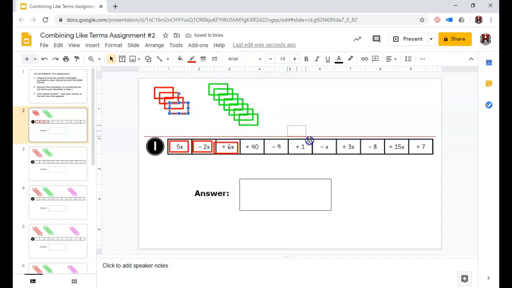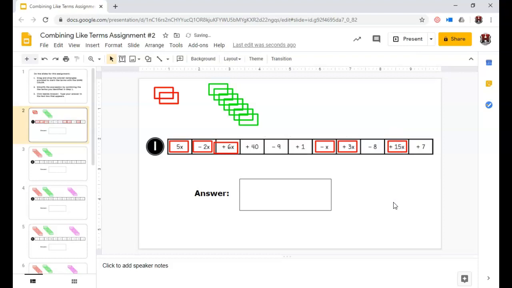Let's see, minus 1x would get a red rectangle. Don't forget there's a 1 in front of that. Plus 3x would get a red rectangle, and then plus 15x. So you have identified that all of those are like terms by putting red rectangles around all of them.